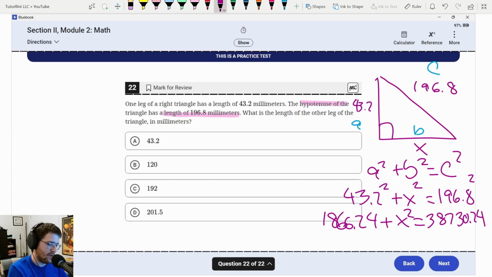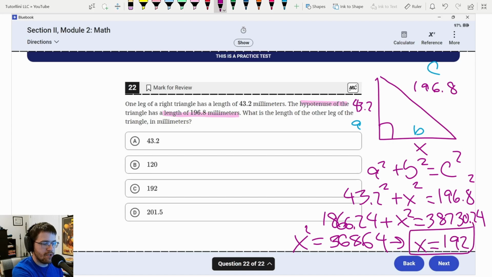Okay, so now I'm going to subtract 1866.24 from both sides. I'm getting x squared equals 36864. And now I'm going to take the square root of both sides. And I get x is equal to 192, which is answer choice C.